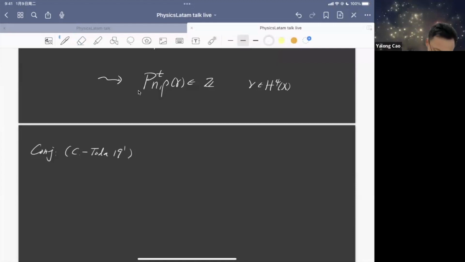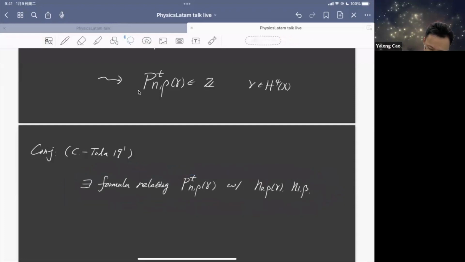Maybe I just say this in words instead of writing the formulas. There's a conjecture, a formula relating this PT beta with these Gopakumar-Vafa invariants, which generalizes the previous conjecture in the PT chambers.